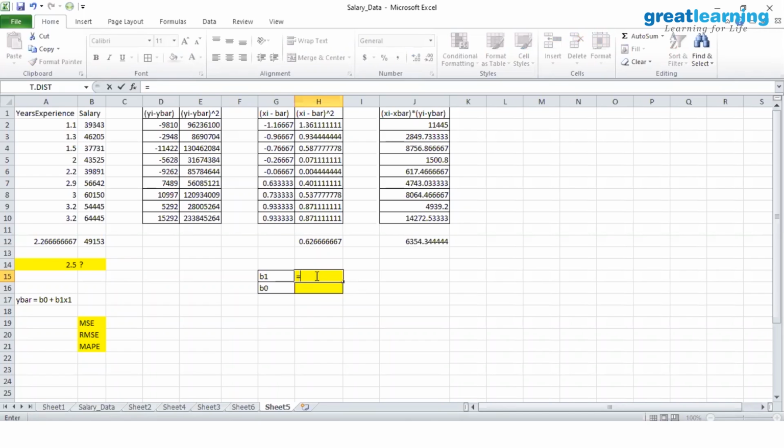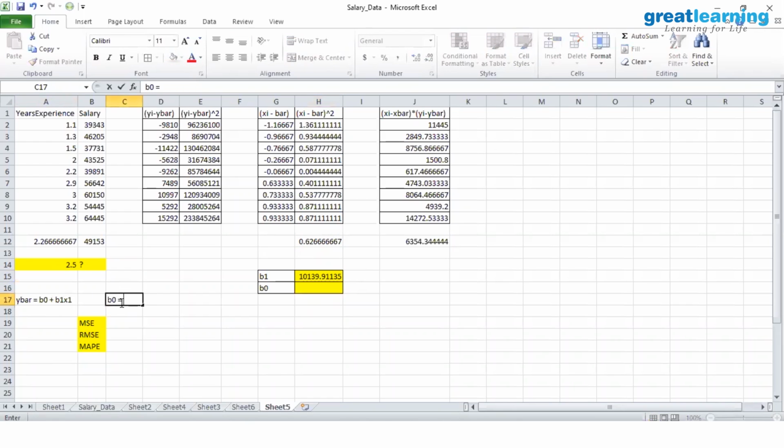How to find B1? B1 is given by this divided by the total xi minus x bar the whole square. So I have found a value for B1.